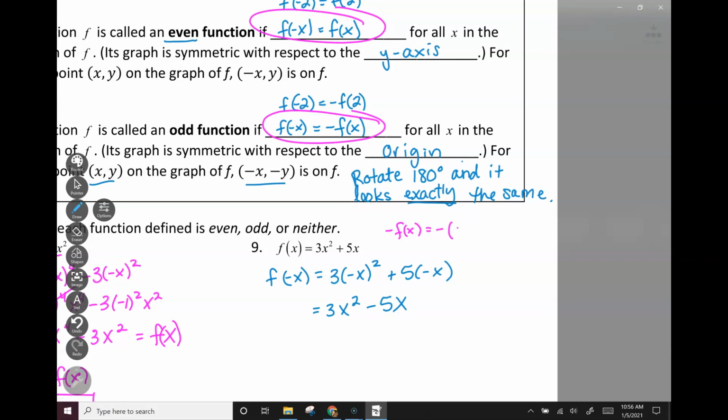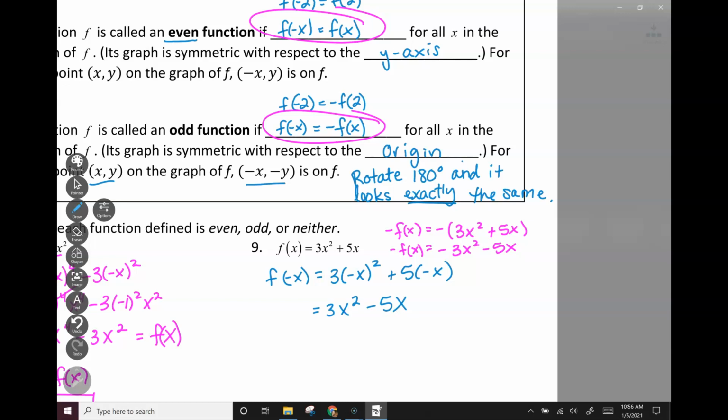Negative times 3x squared plus 5x, which I can distribute that negative 1, and that's what I get. Okay, so if it's odd, it needs to be negative 3x squared minus 5x. Well, this one is positive 3x squared minus 5x, so it's also not odd.